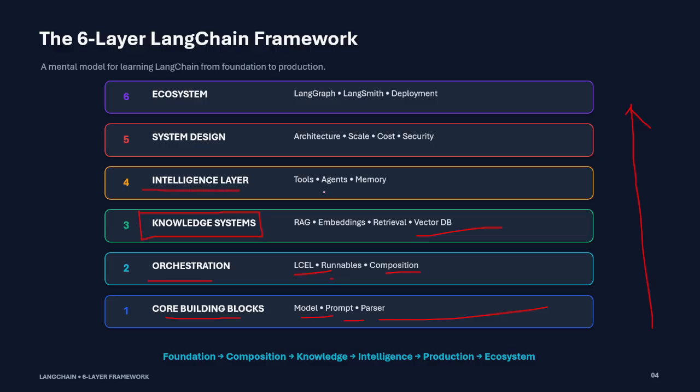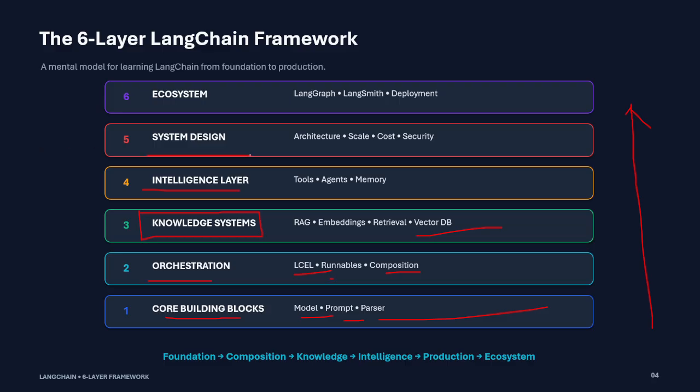Then the intelligence layer, where we are giving the system some intelligence. It does not contain only the power of LLMs, but we are providing some external power also. If my LLM has some power, we are multiplying those powers with the help of tools, agents, or memory.